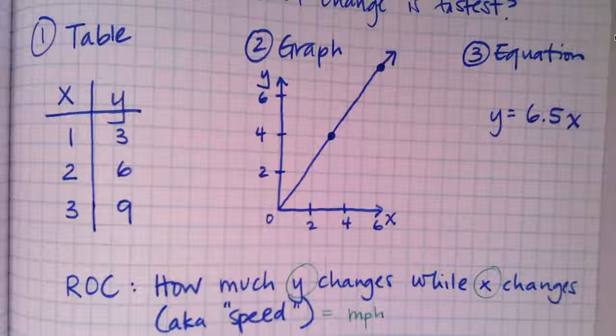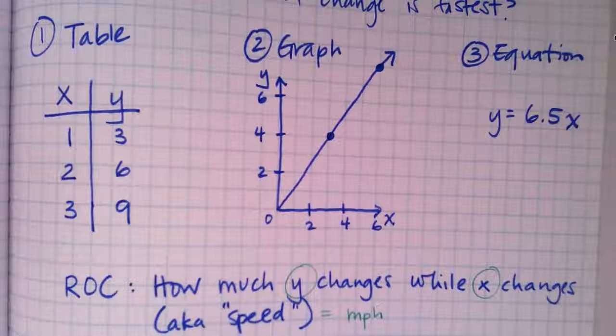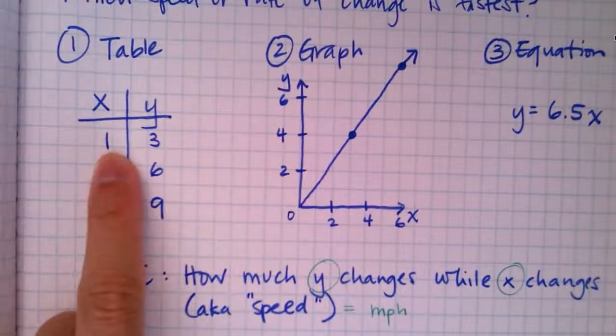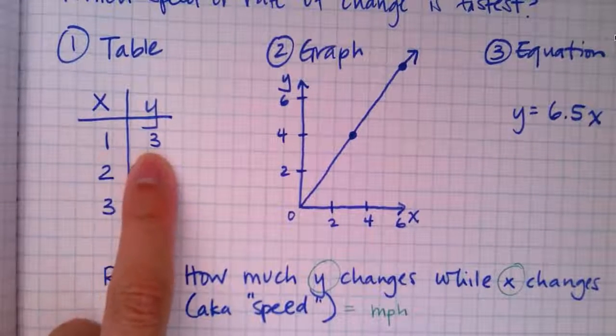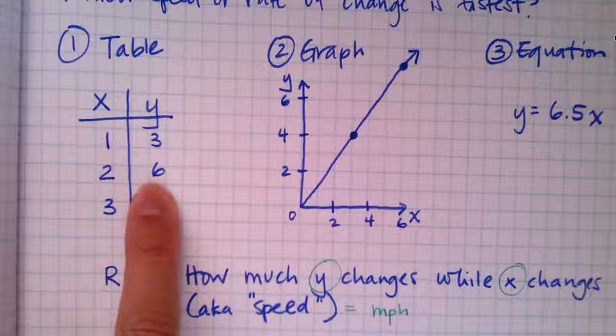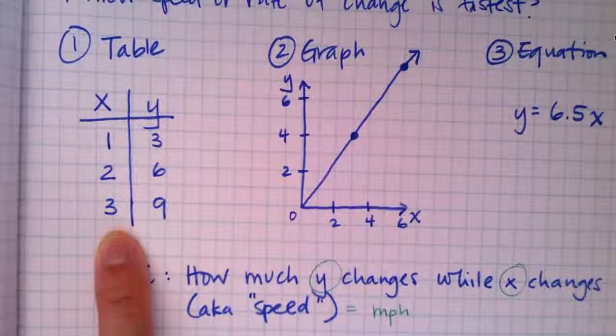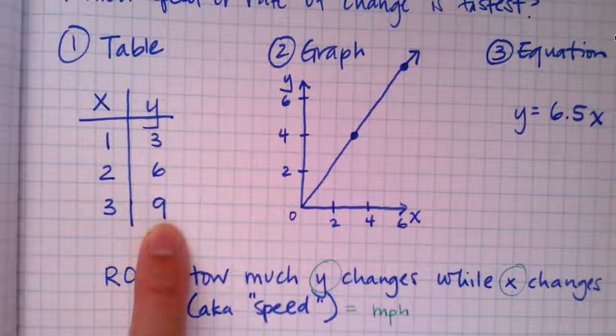Okay, so if we were to look at the rate of change, or how fast something is growing or slowing down, in a table, how much y is changing while x is changing, all we gotta do is figure out what that change is. So at first, x was 1 and y was 3. Then the next time we measured it, x was 2 and y was 6. The third piece of information we have is that once x reaches 3, y has reached 9.